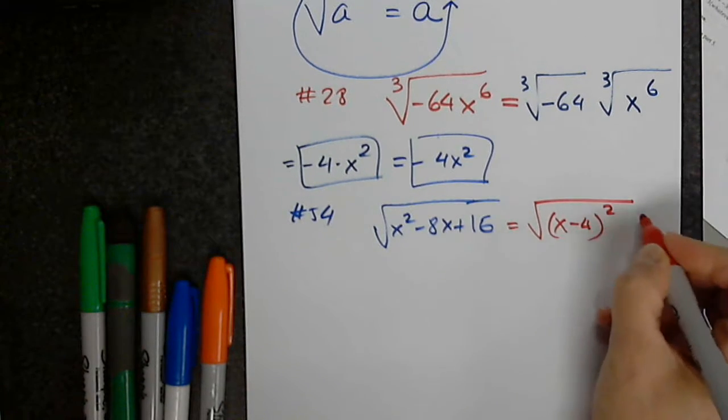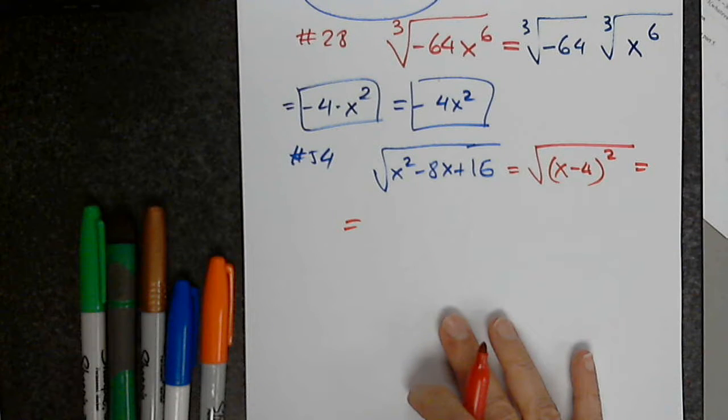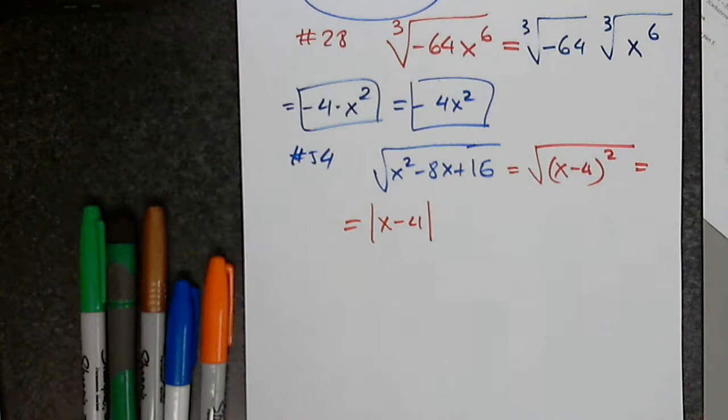Very good. Thank you very much. And the answer is? Absolute value. Right? Because x minus 4 could be negative. Perfect. Okay.